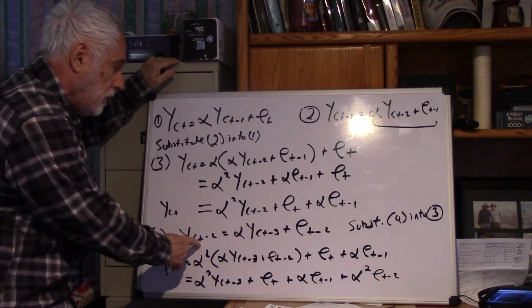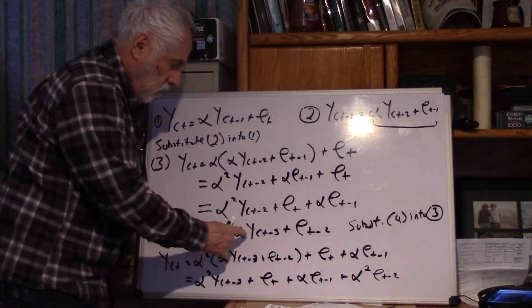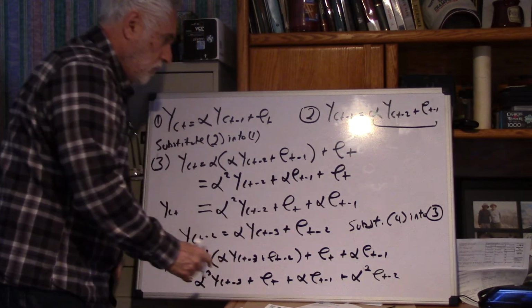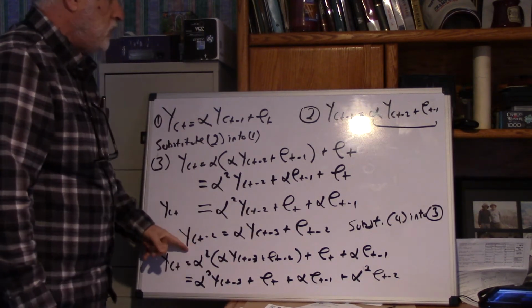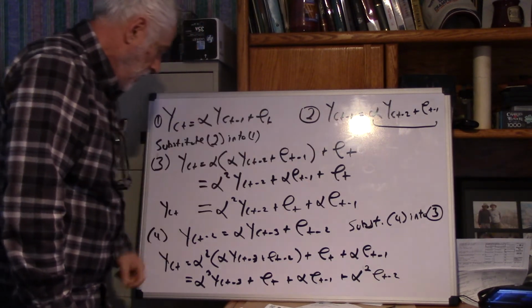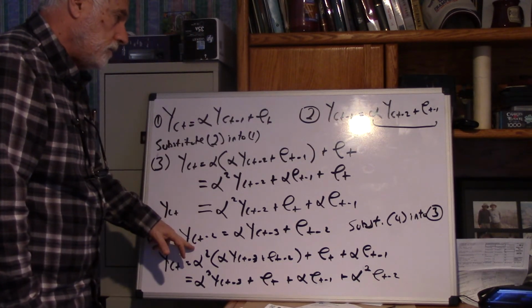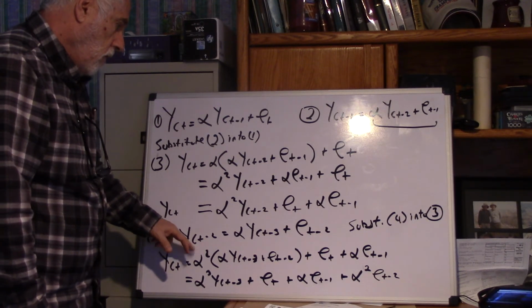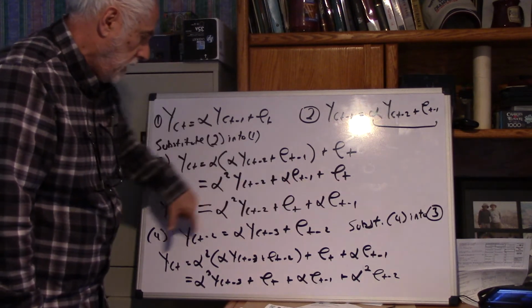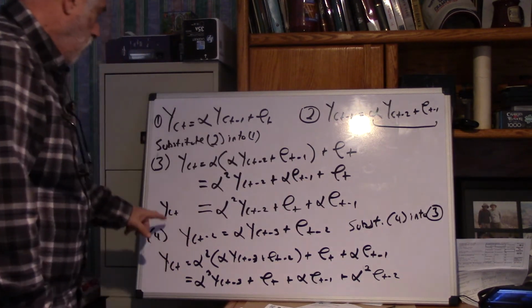I'm going back 2 periods, and that equals alpha times Y^C_{t-3} plus ε_{t-2}. So I'm just backdating these 2 periods. I started in period t here, t minus 1 here, and then t minus 2 here. Okay? So I now substitute 4, which is the Y^C_{t-2} equation, into Y^C_t again.